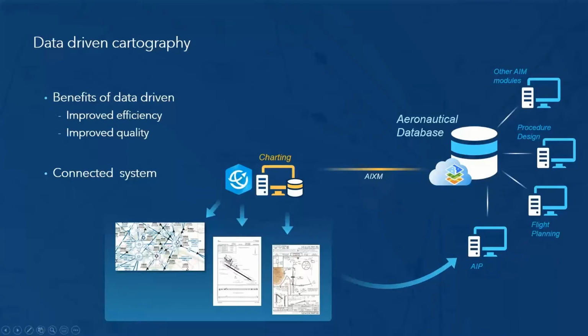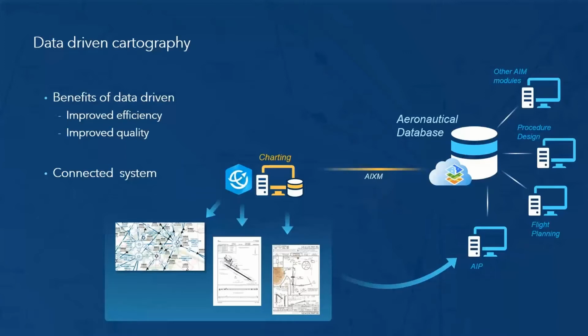The benefits of having a data-driven system are really about improved efficiency, being able to produce more charts in less time, and about improving the quality of those charts. Because it is all rule-based, you're going to be able to identify attribution errors more easily, even geometry errors.